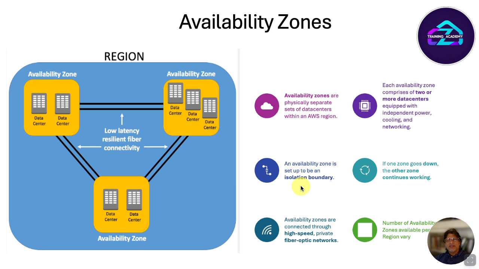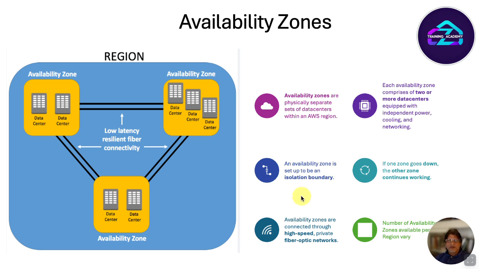The whole idea is that if one zone goes down, the other zone continues operating. These availability zones are connected through high-speed networks, which are based on fiber optics. And the number of availability zones varies per region.